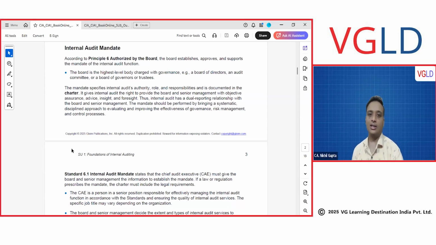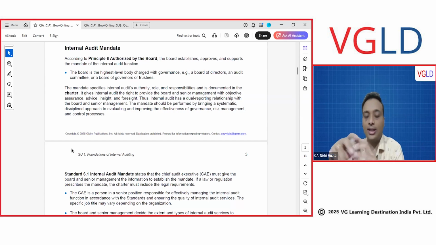You can think of it like this, that we are a part of the board. We are here to help the board and the management to improve their functions and to achieve their objectives. That's why this particular mandate specifies the internal auditors' authority, roles and responsibilities, which is the scoping function, and is documented in the internal audit charter.